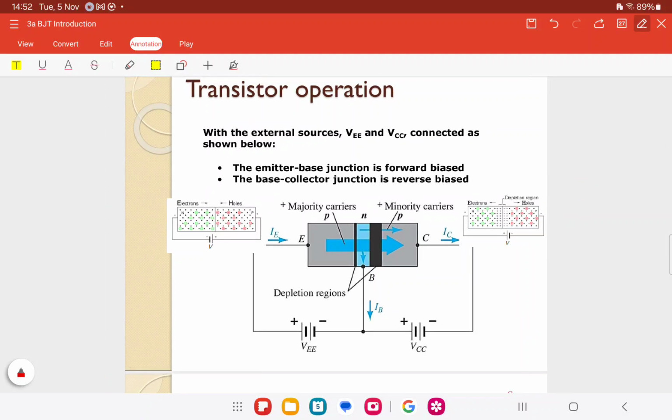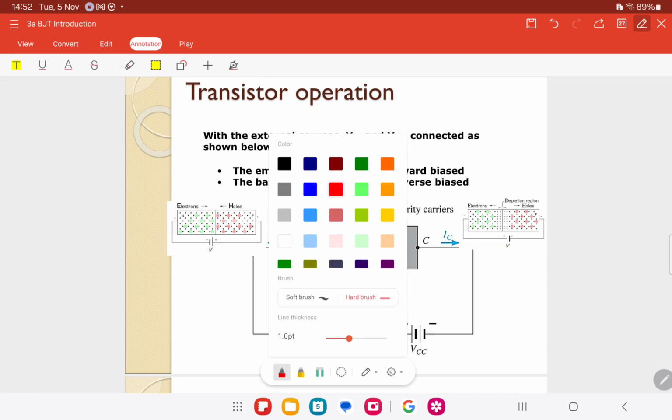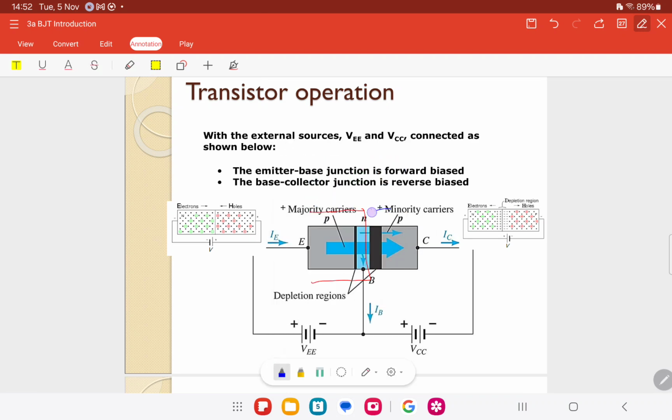This one same goes with the semiconductor diode. The operation sama je, because we have two depletion regions. Satu dekat sini, one is this side and another one is side sini kan. Okay, 1, 2.